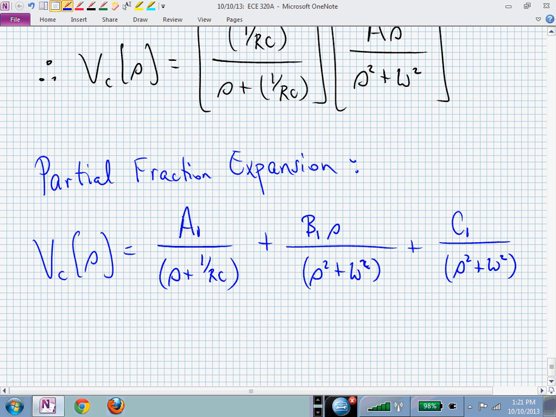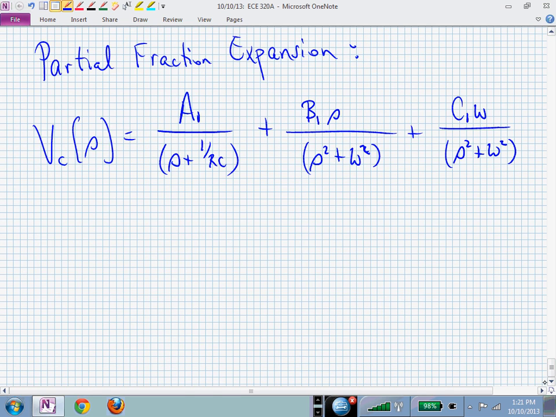Do I put anything in the numerator here? If I want it to have the same structural form as the transform pairs in table 12.1, what do I want in the numerator? Omega. And then, once you have that omega, we can immediately put this into the time domain expression.